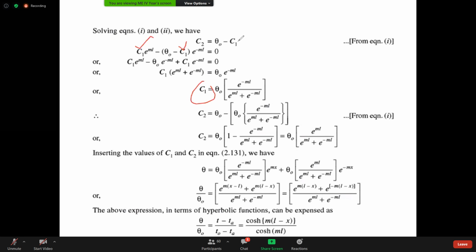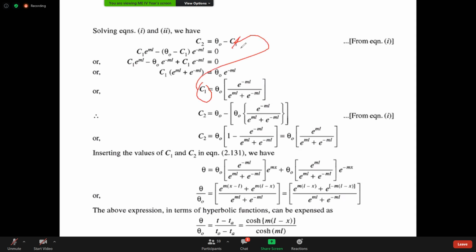You have to convert that. From the first boundary condition and the second boundary condition simplification, the C2 value you substitute, so that here C1 is common. If you take C1 common, I get this C1. If you substitute this C1 again, you will get the value of C2. It is very simple simplification only; you have to put some effort into doing this.